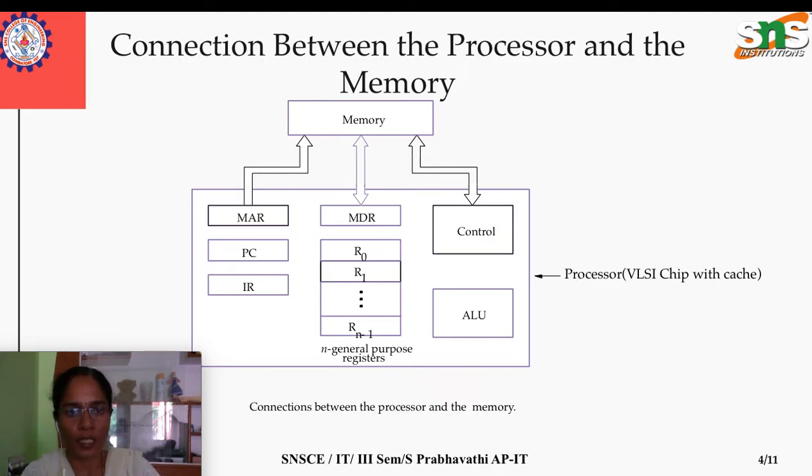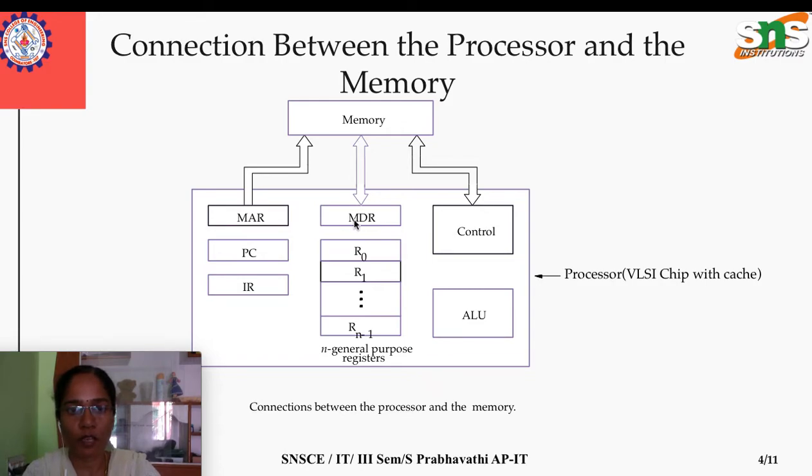That's the sole purpose of the program counter. PC holds the address of the next instruction to be executed by the processor. It is followed by some more registers like the memory address register, MAR, and the MDR, memory data register.